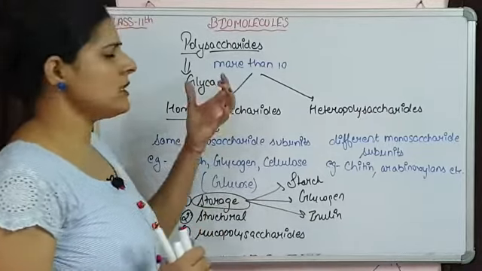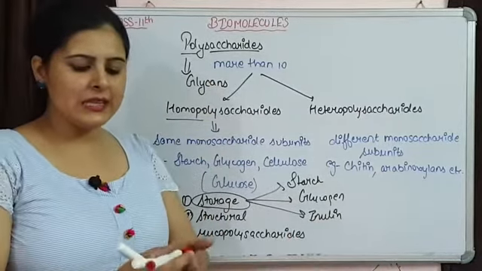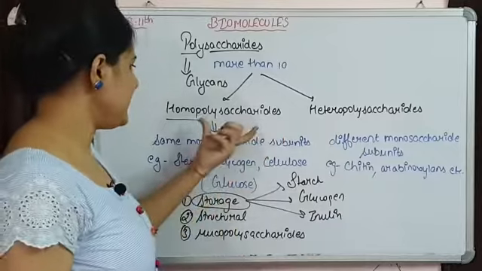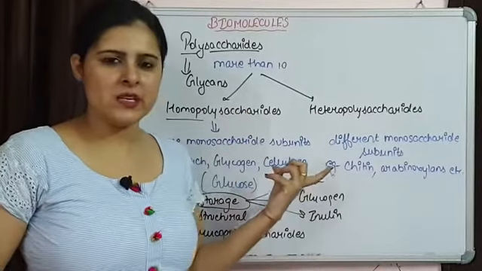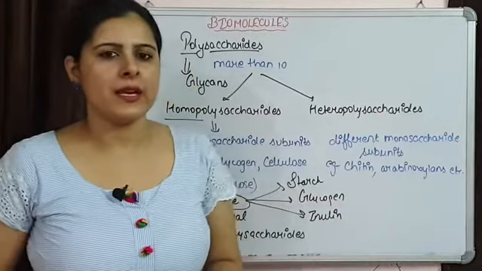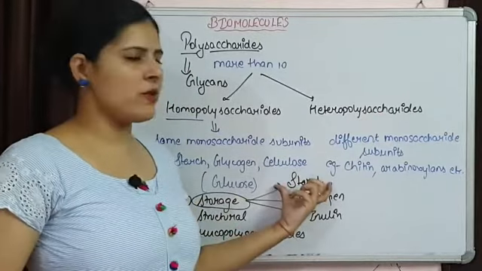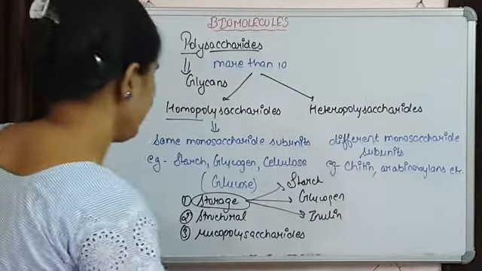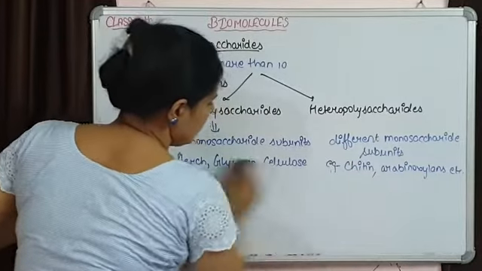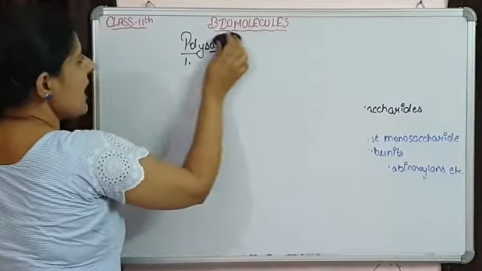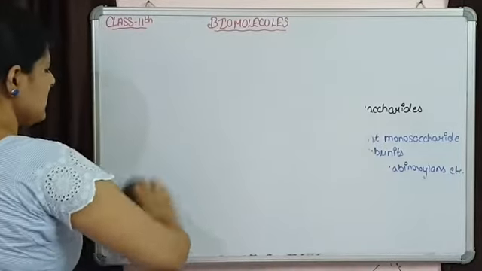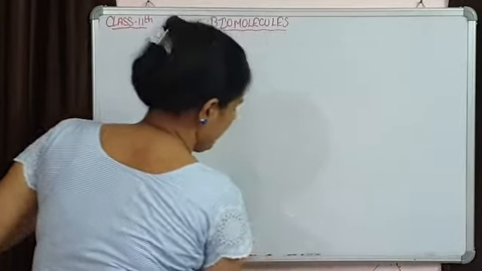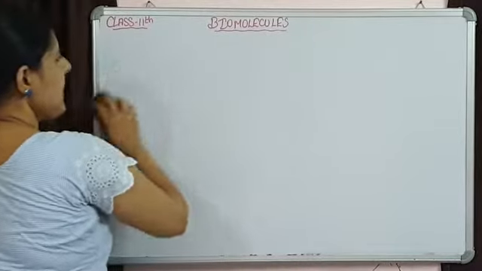When we talk about these polysaccharides, we will see that they can be unbranched or they can be branched. That we have seen, they can be made up of single monosaccharide subunits or they can be made up of different monosaccharide subunits. So first we will discuss starch, then we will talk about glycogen and finally inulin. If I am talking about starch, then we remember that in lower classes we have seen that starch is a reserved food material that is present in plants.